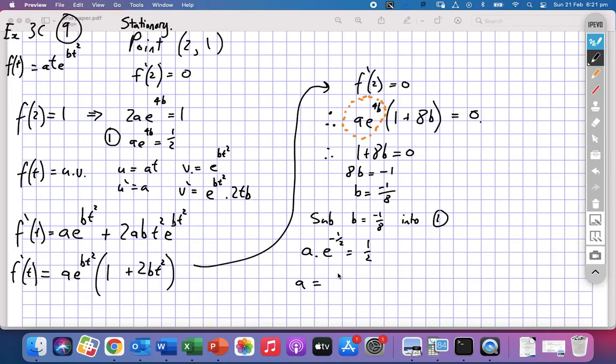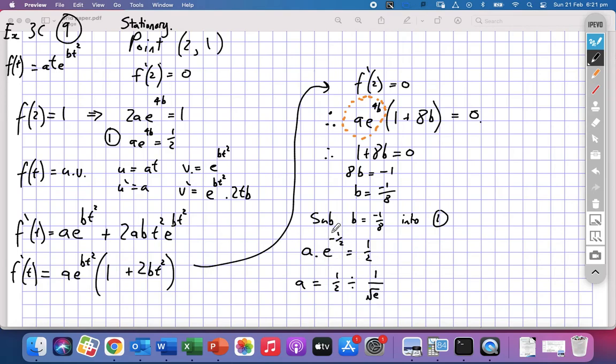A equals 1/2 divided by e to the minus a half. I'm going to write that differently. E to the minus a half is 1 on square root e, right? So e to the minus a half, deal with the minus, put it on the bottom of a fraction, half is square root.